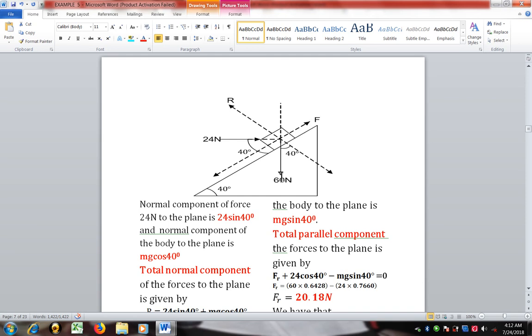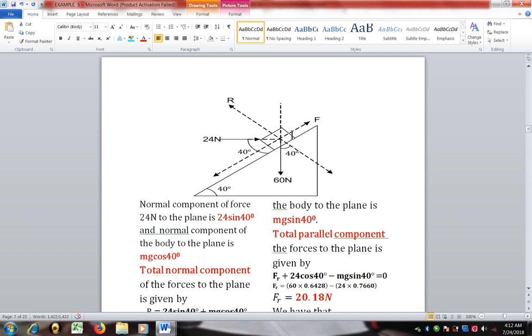Again, the angle between the weight mg and the perpendicular direction to the plane is 40 degrees, but we are looking for parallel components. Therefore, instead of mg cos 40, we are going to use mg sin 40.